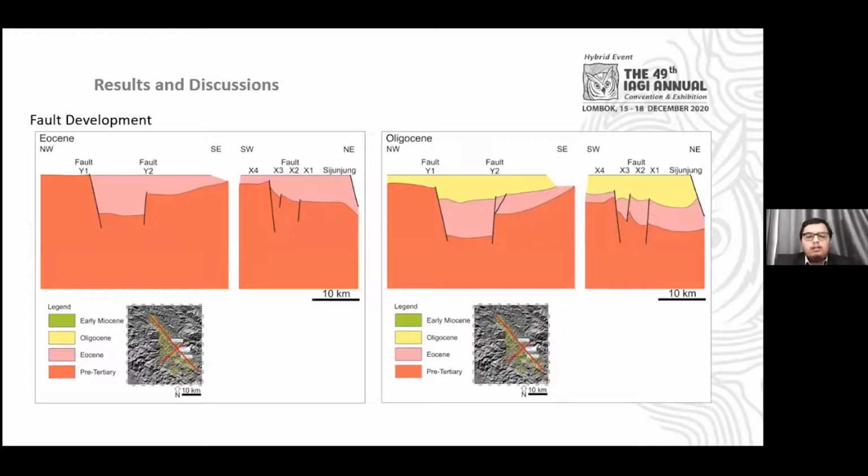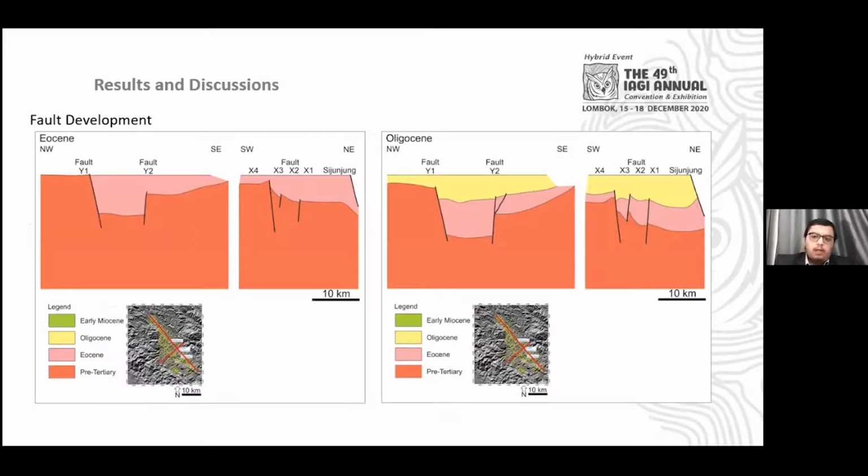And here, this is the structural configuration of Ombilin Basin in the Eocene and Oligocene. In the Eocene, the basin rifting occurred, and then in the Oligocene, the rifting continued.